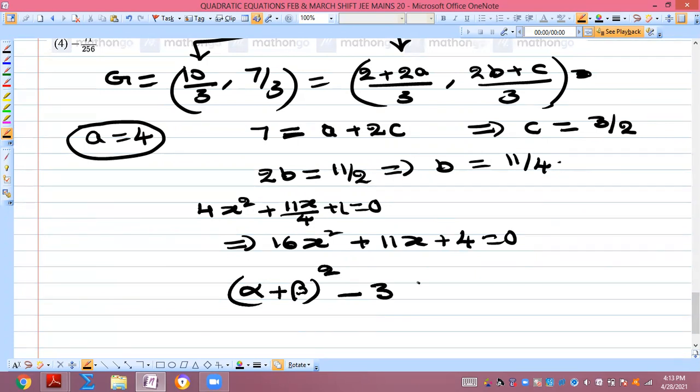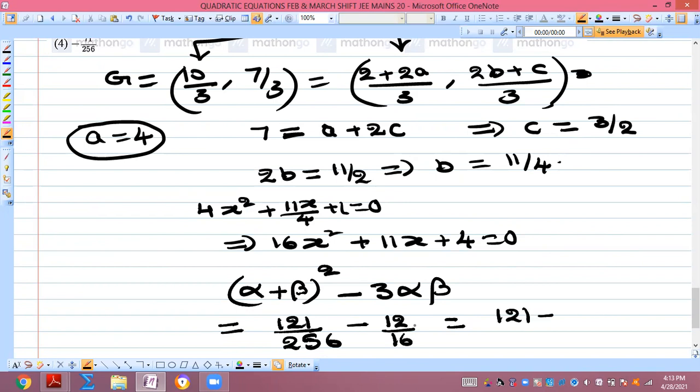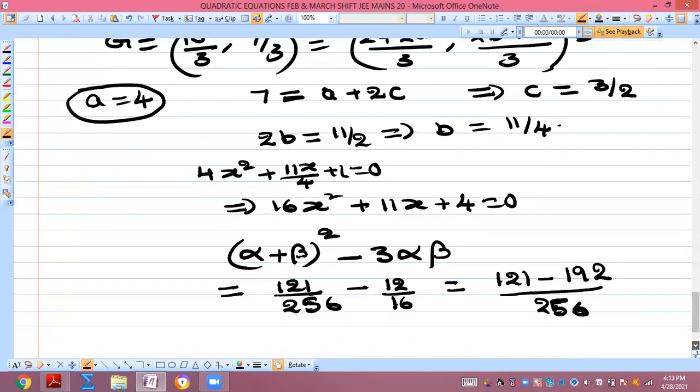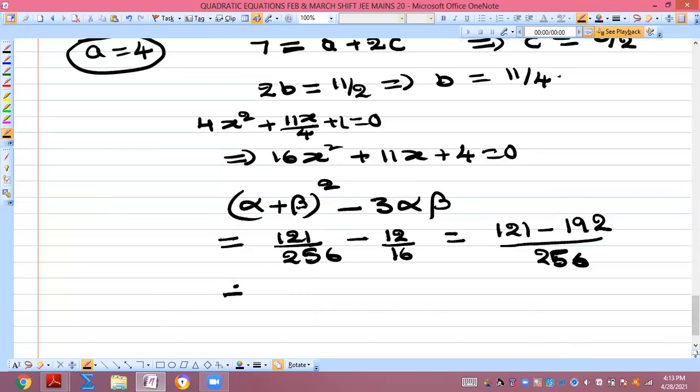The sum of the roots is minus b by a, which gives 121 by 256. This is 3 c by a, so that is 12 by 16. So it equals 121 minus 12 into 16, that is 192, by 256. So this is nothing but minus 71 by 256.